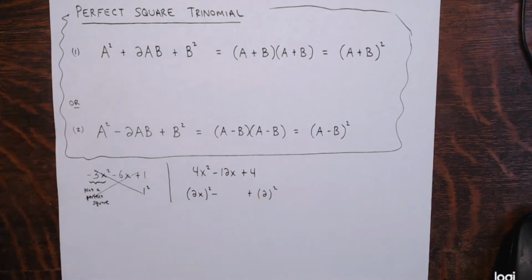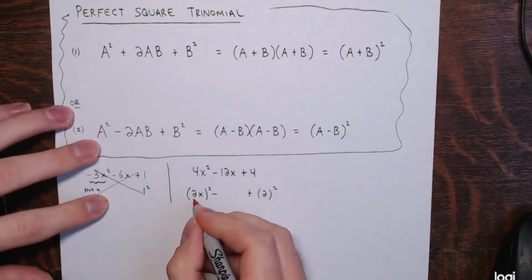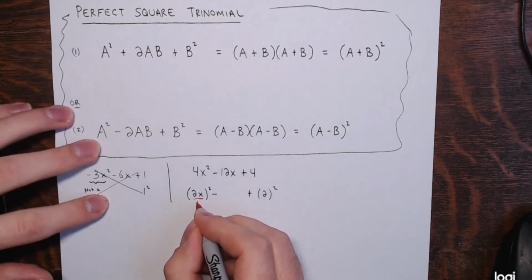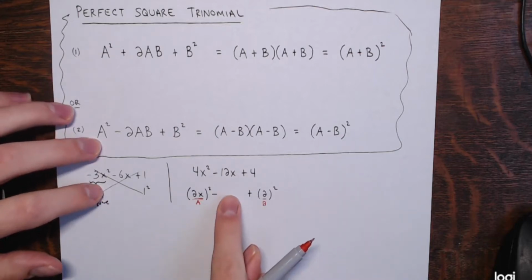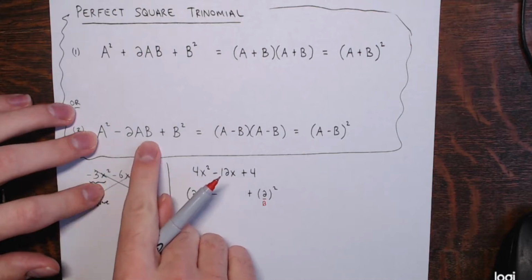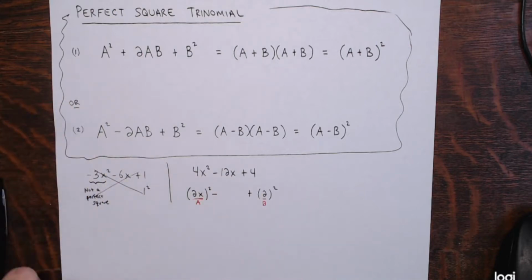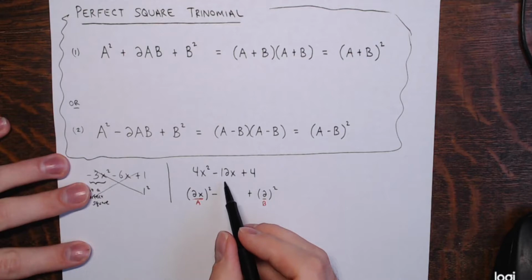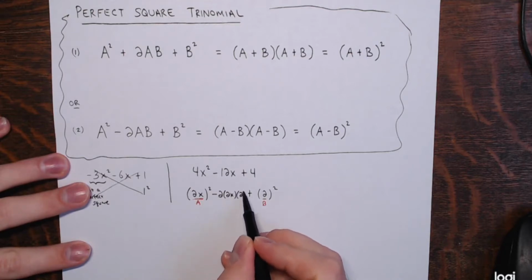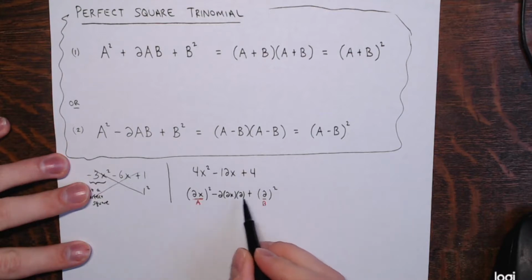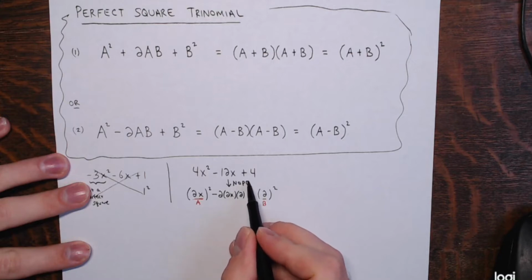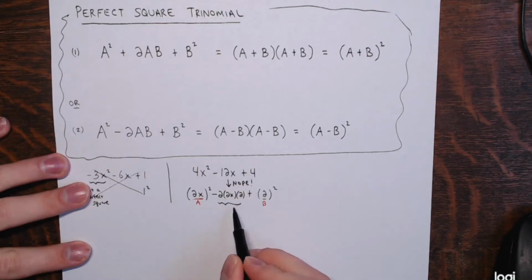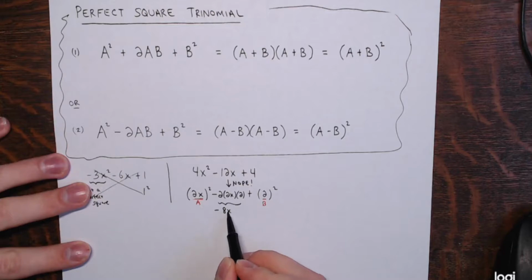If I think of this 2x as a and the 2 as b, if the middle term is minus 2ab, then we have a perfect square trinomial. Well, let's see. Is 2 times 2x times 2, where a is 2x, b is 2, is that the middle term? Nope. Because this is minus 8x, isn't it?